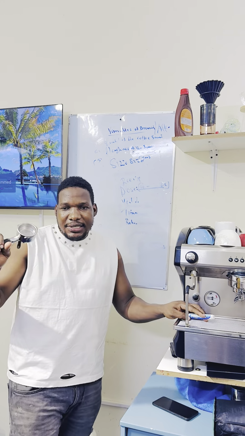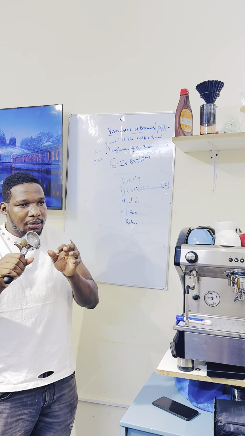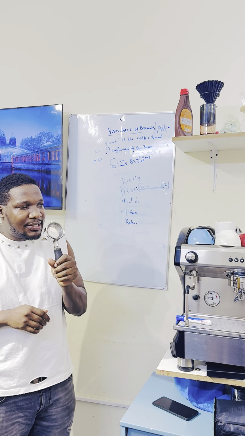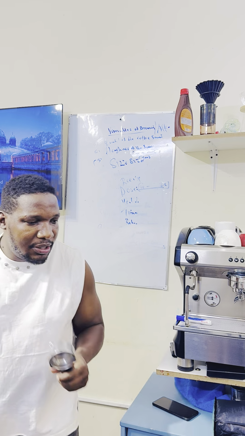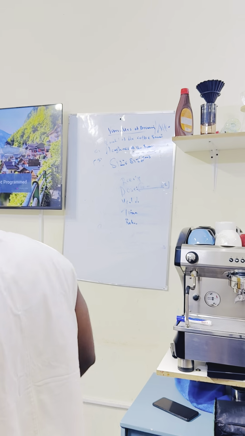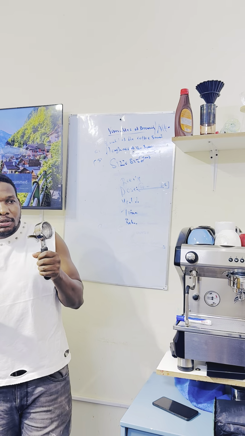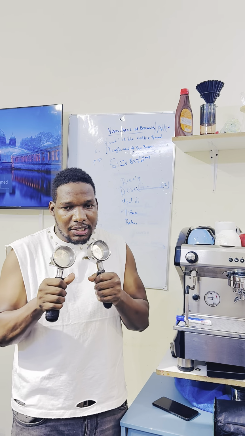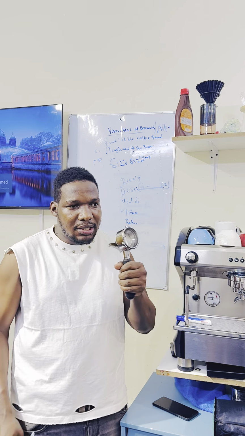You see this basket? This is an 18 gram basket. This one, this is an 18. And we still have the 20 gram basket, this one. Are they the same? They're not the same. This one is a little bit bigger than this one.